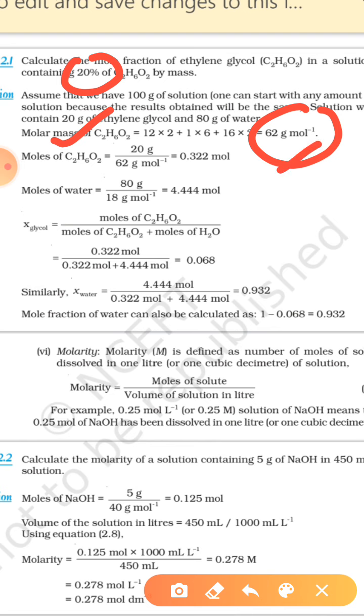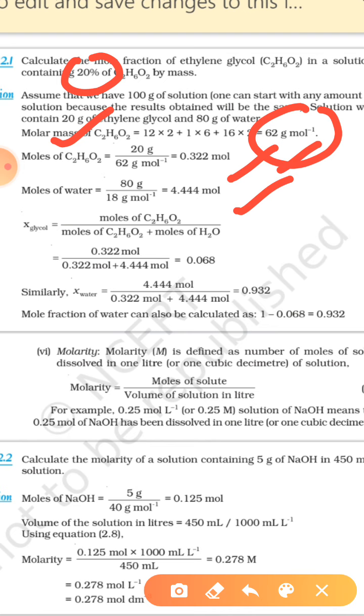Then moles, we know that moles means given mass upon molar mass. Given mass is 20, molar mass 62, the moles is 0.322 mole. Moles of water: given mass 80 gram and molar mass 18, then its value is 4.44. Then what is the mole fraction of glycol?